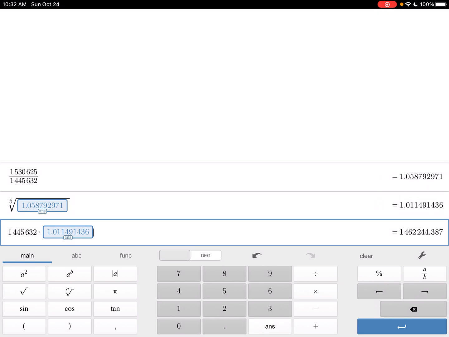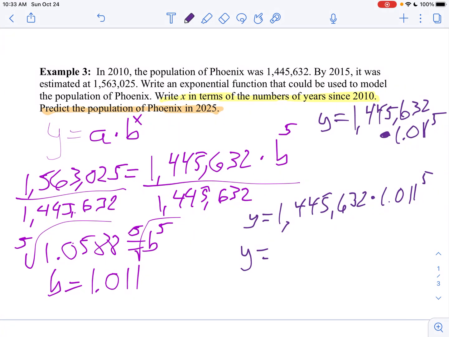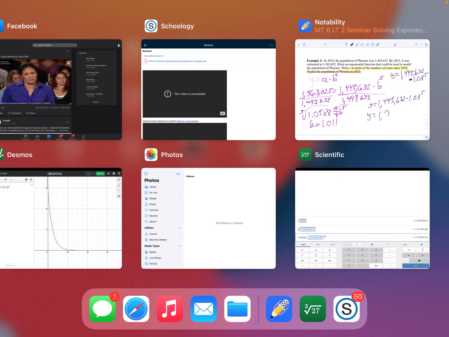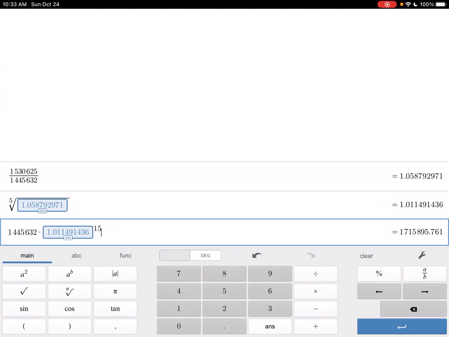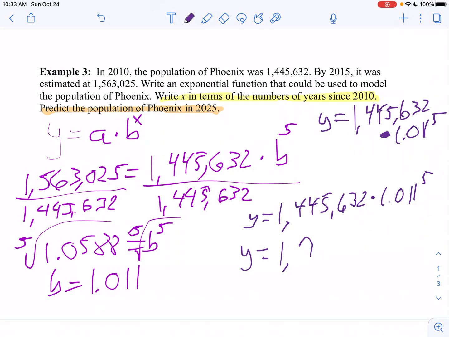I'm going to raise that to the 15th power. So we should get a population of 1,715,896, because we have to round to the nearest whole number.